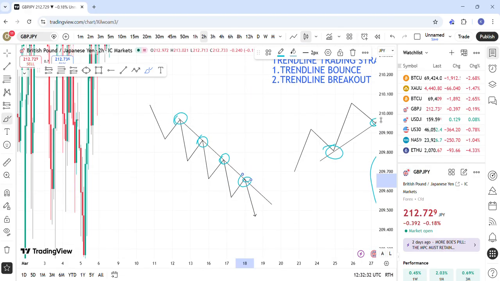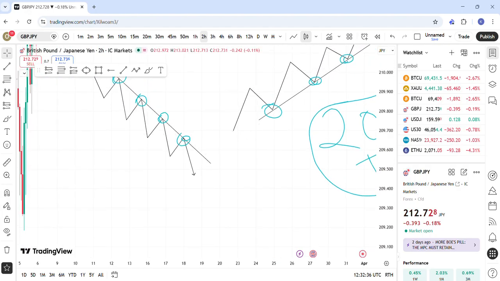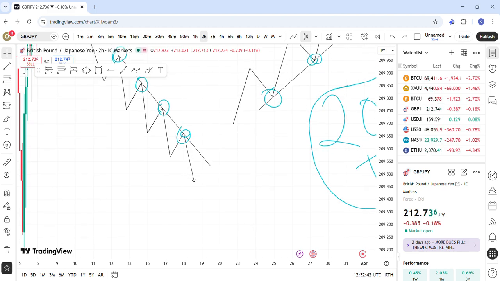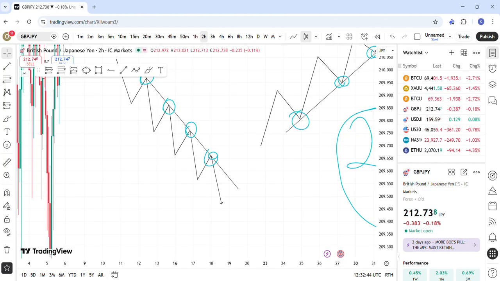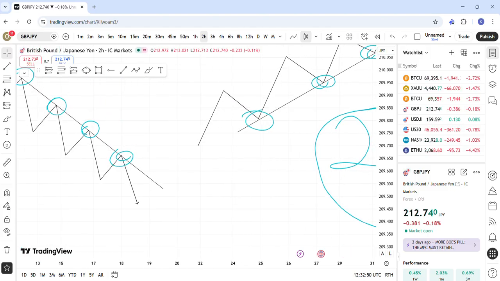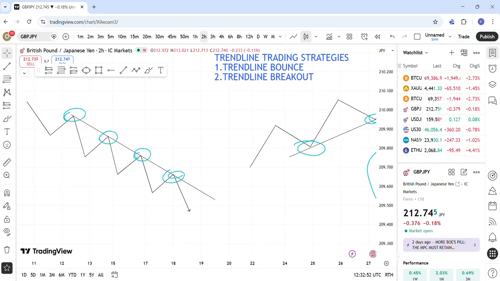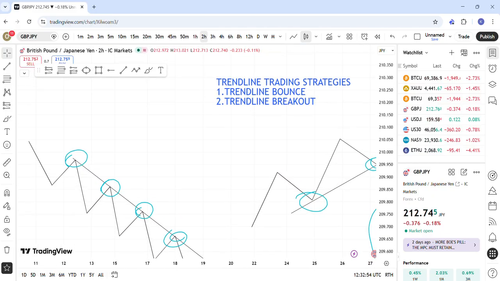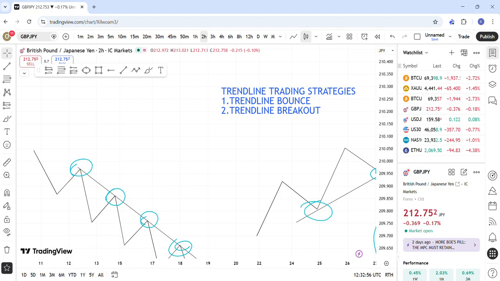So you now ask me what is this trend line used for? So a trend line basically measures where price tends to react from, and serves as a resistance or a support to the market movement. We have two types of trading strategies using your trend line: the trend line bounce and the trend line breakout.